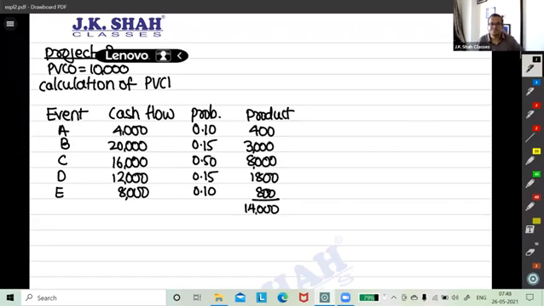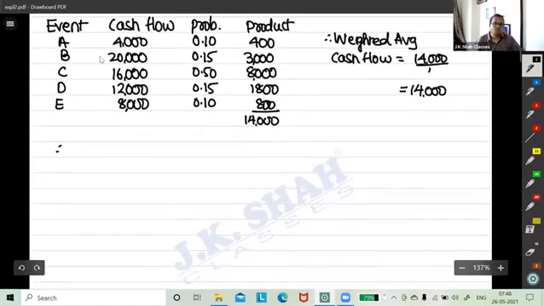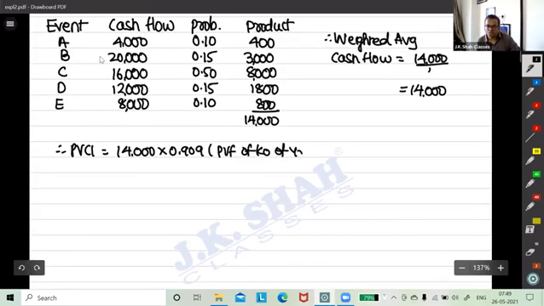Right? So PVCI will be 14,000 into 0.909, present value factor of Ke here for year 1. $12,726.